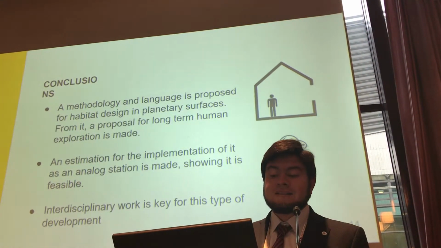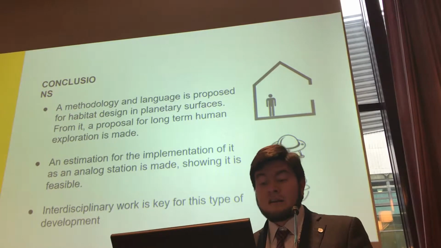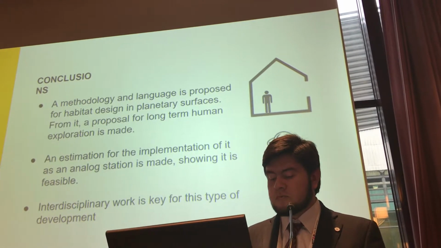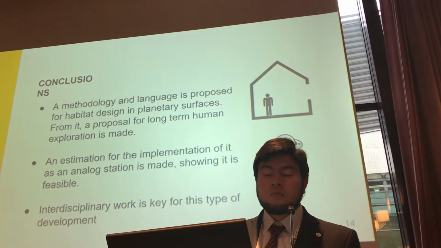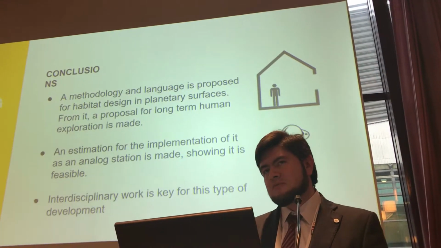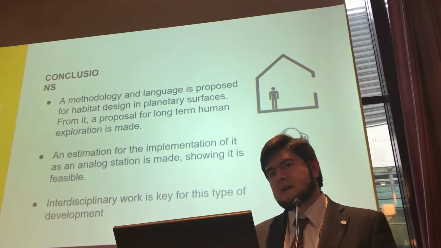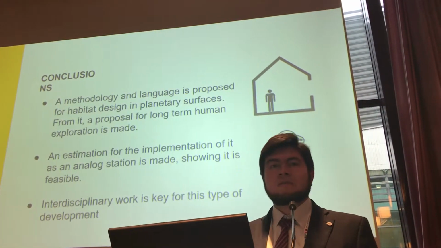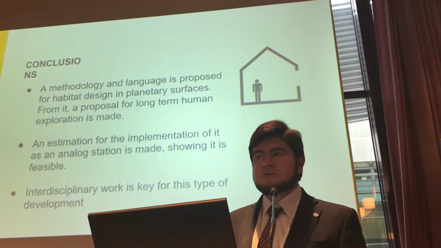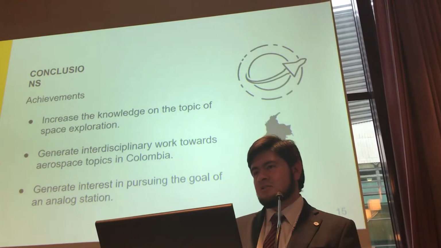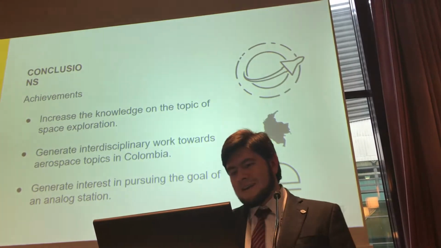We also did an estimation for it as an analog base and showed that this was doable. And we did interdisciplinary work, which is key for this type of work, with inputs from different types of people with different views. At the beginning we even had issues with language, because architects use some words that engineers use for something else.